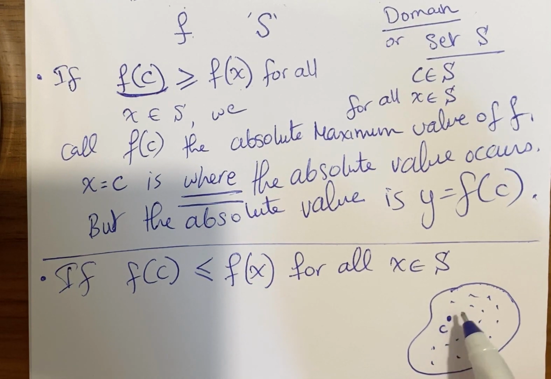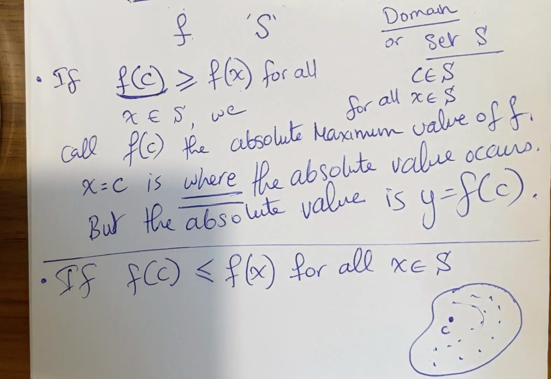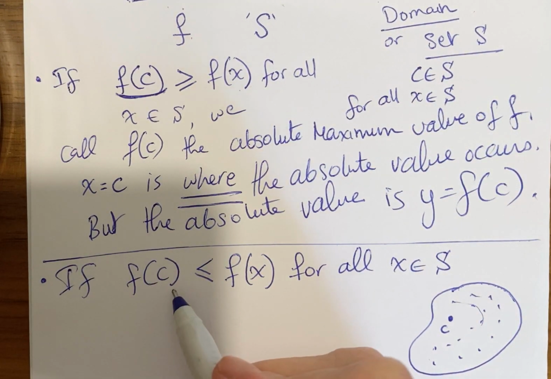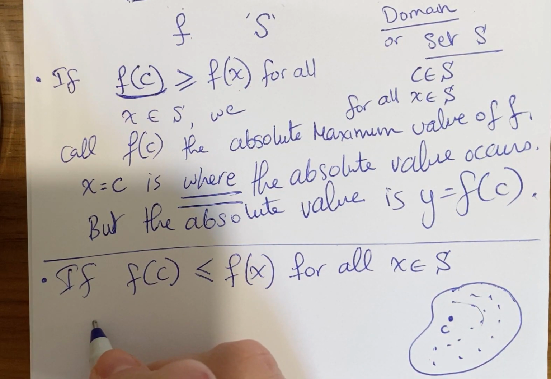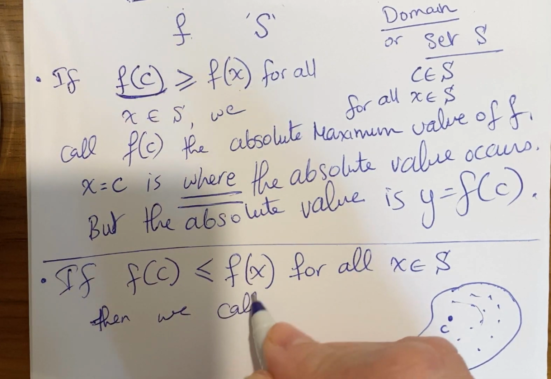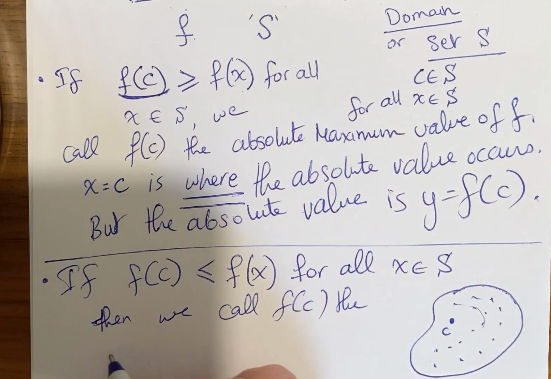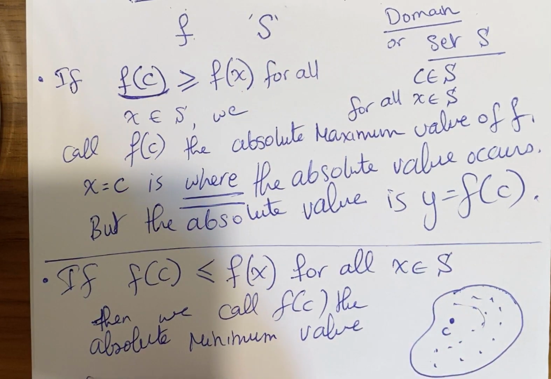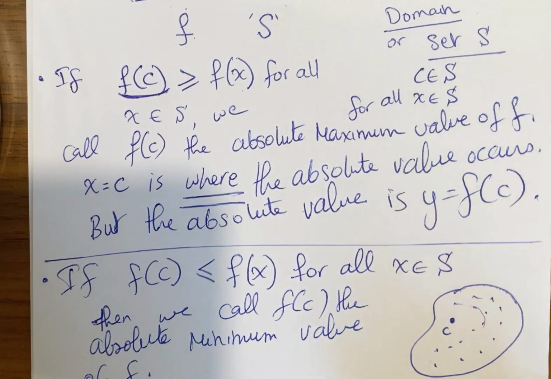If f at c is greater than all the f of x's in this set, then it will be the maximum. If f of c is smaller than all the f of x's in this set, then it's going to be exactly the absolute minimum value of f.